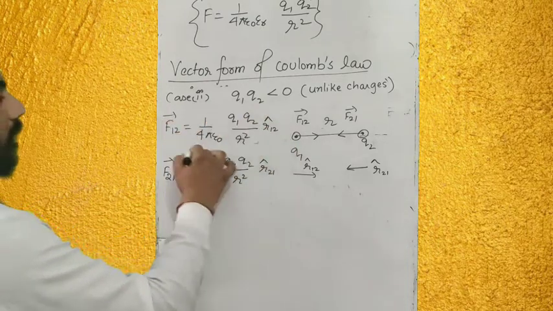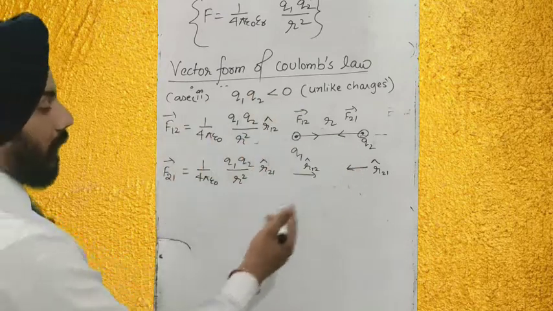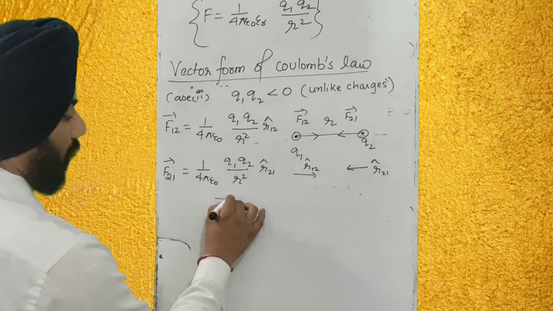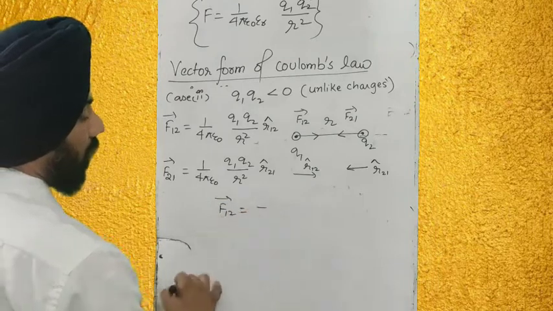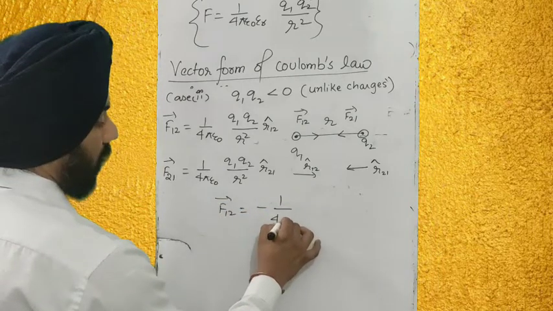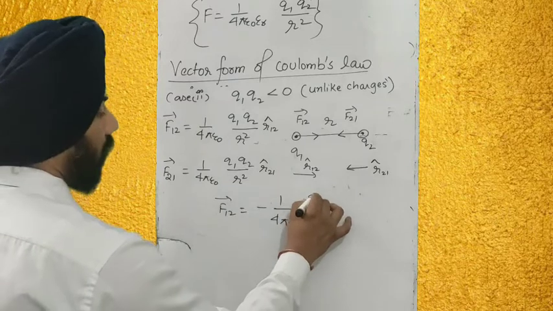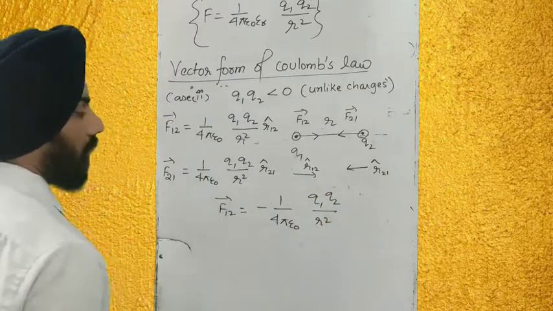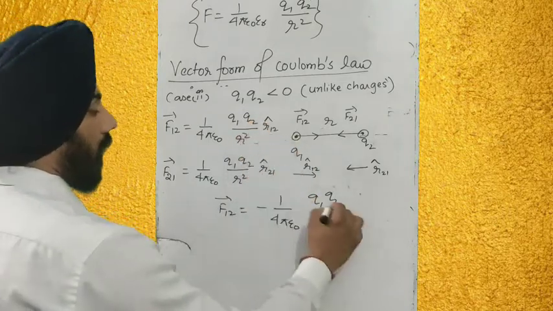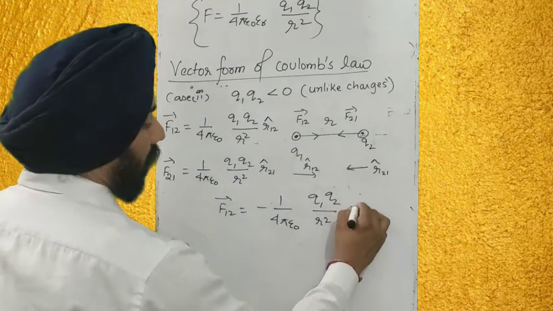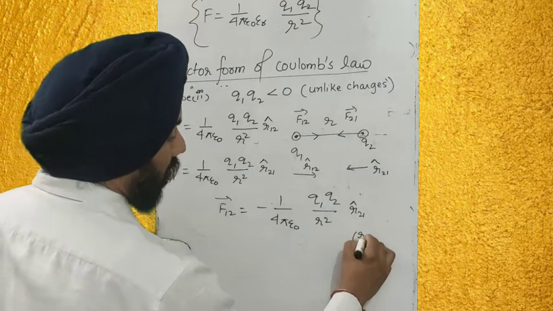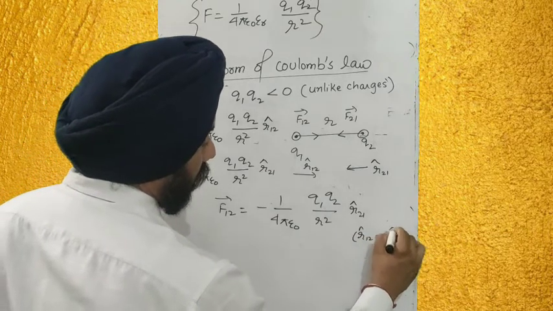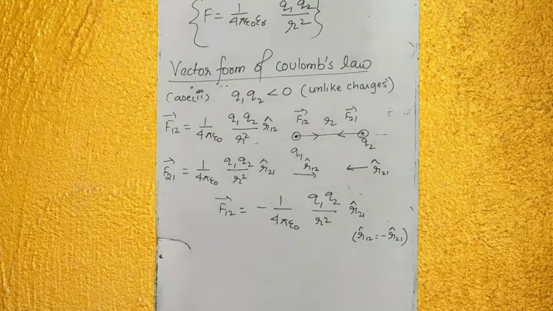Again I am going to change the right hand side of this equation. F12 can be written as minus 1 upon 4 pi epsilon naught, Q1 Q2 upon R square, and instead of writing R12 I am writing R21, because R12 is equal to minus R21. Clear?